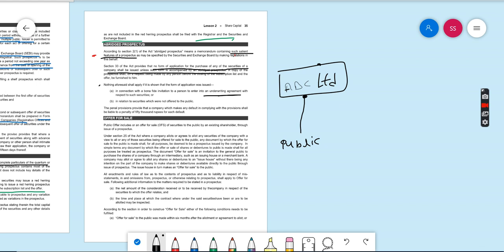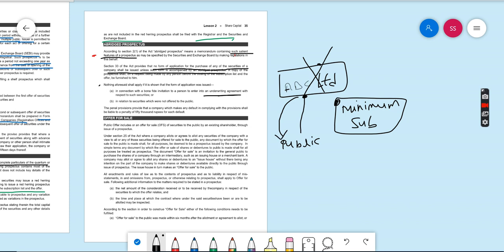So there should be something called minimum subscription. According to SEBI's regulations, if the company does not meet the minimum subscription requirement, then the company's IPO will be cancelled. The company has to refund the entire money to the public, right?